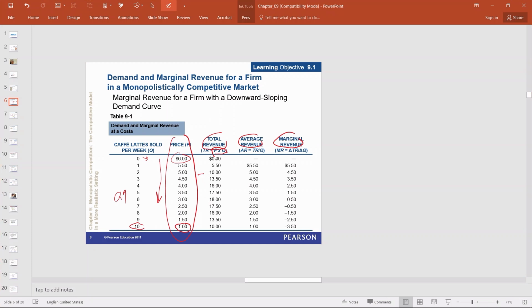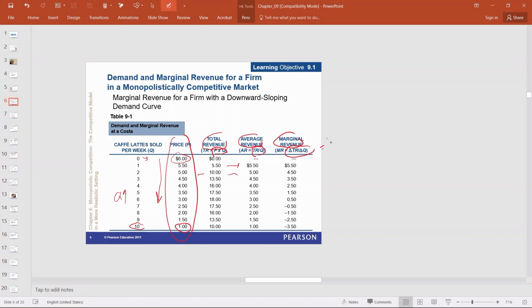And after you finish the calculation of total revenue, you take the average at each total revenue level, and the average is that you divide total revenue by quantity. So 5.5 divided by 1 is 5.5, 10 divided by 2 is 5, and so on. And for marginal revenue, you take the difference in total revenue and divide by difference in quantity level.